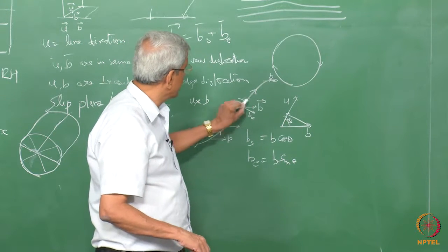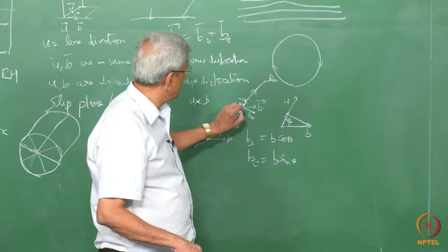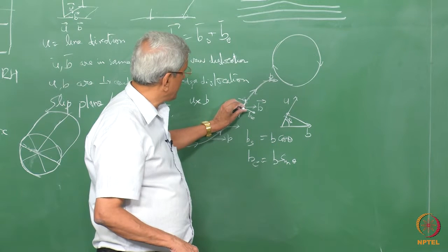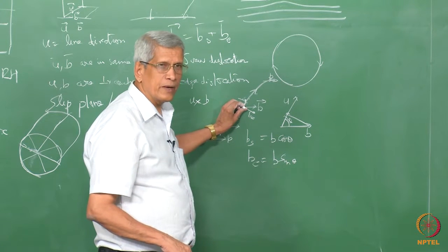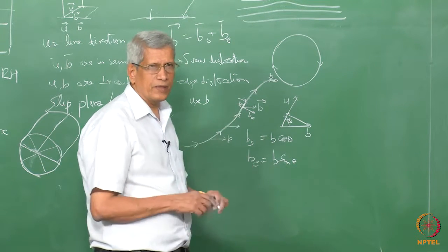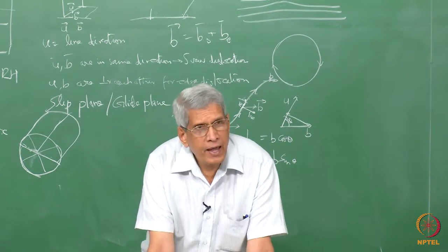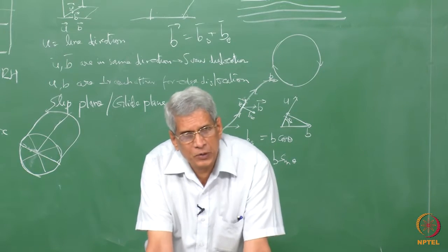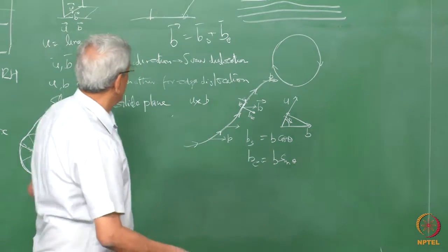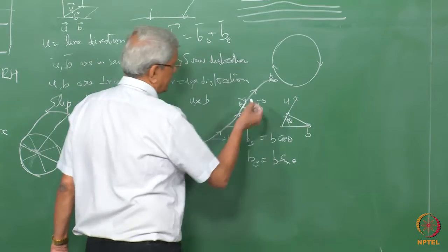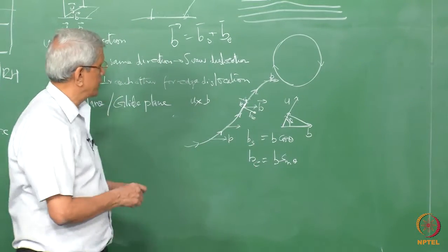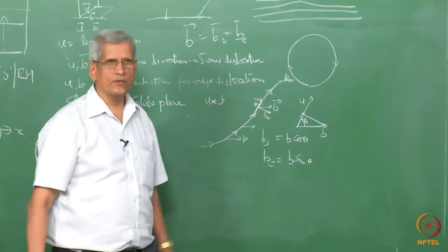This is b, this is u, it will be perpendicular to it. That is how we define that. And if we divide by the magnitude of b cross u, what will it give? A unit vector which is going to be in that direction, right? But what does b cross u actually mean?